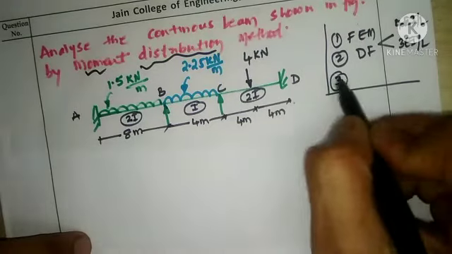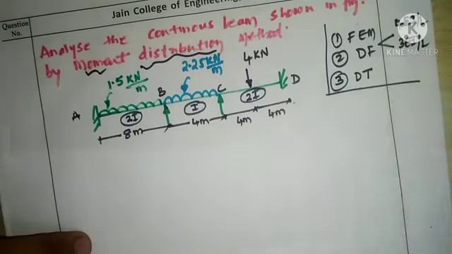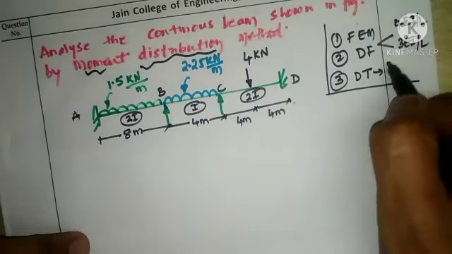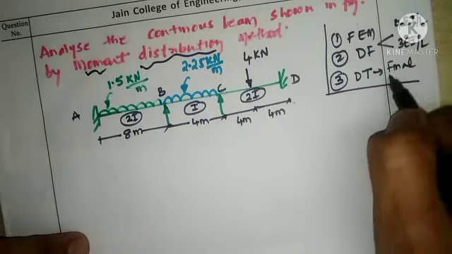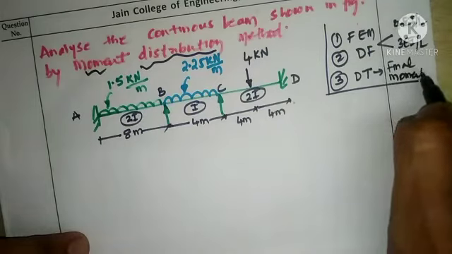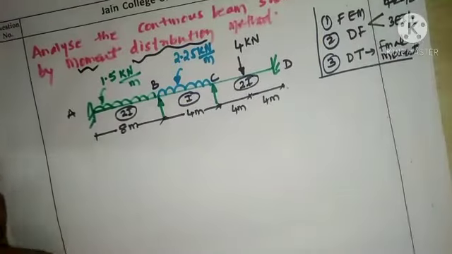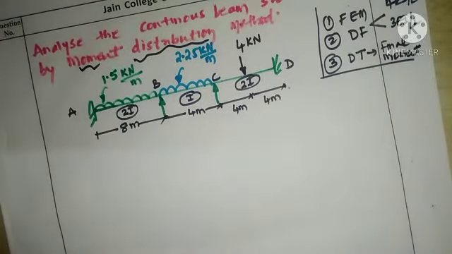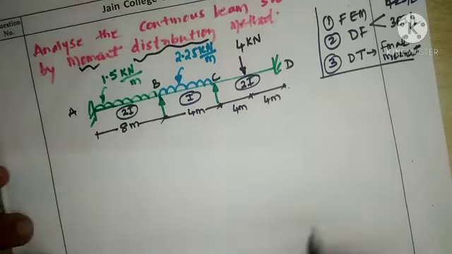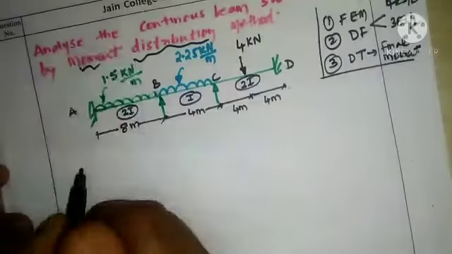Then the third step is the distribution table, which gives you the required parameter, called the final moment. So this is the three-step procedure that we are going to follow in the moment distribution method. To start with, the first step is the fixed end moment.